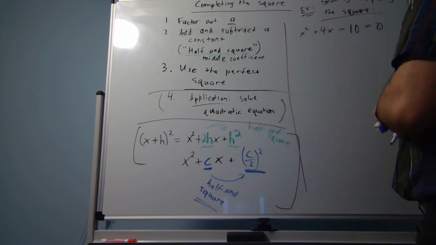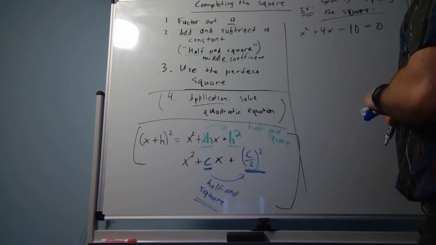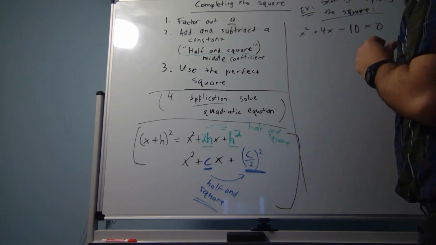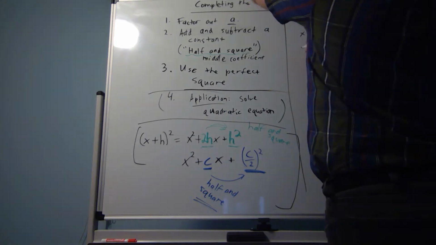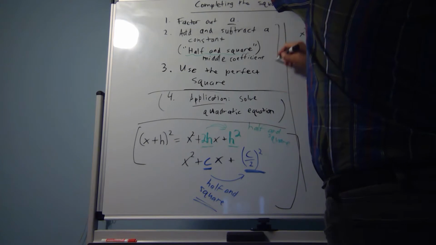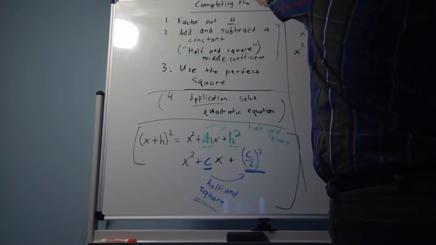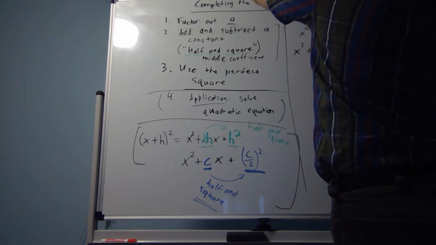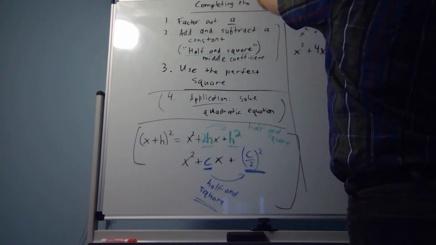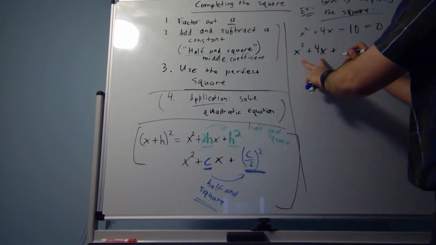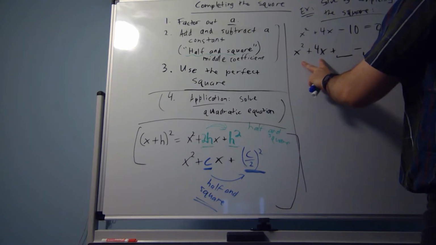We factor out a 1 from the left-hand side. There's nothing to worry about. So we can go straight to step 2. And the whole idea is what's the magic constant, and so here's how I'm going to do it. I'm going to leave a blank space here.